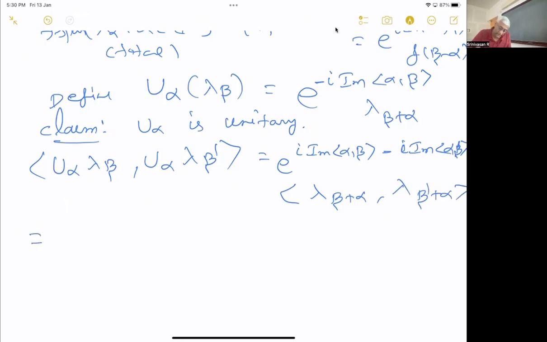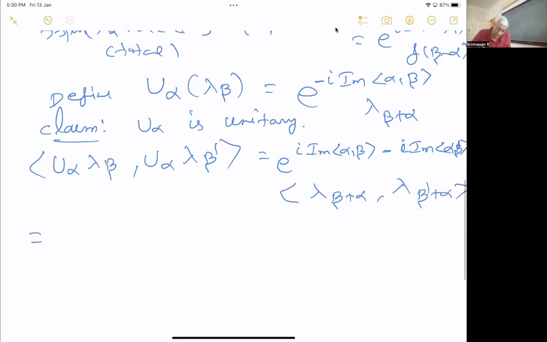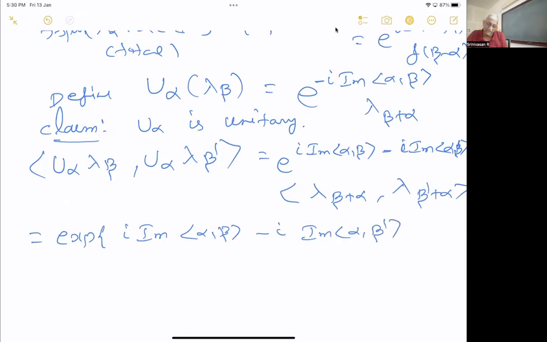So this is equal to, let's write the whole exponential inside, e power I imaginary part of alpha beta minus I imaginary part of alpha beta prime. The inner product between these is given by the k function, so that is plus I times imaginary part of beta plus alpha, beta prime plus alpha.